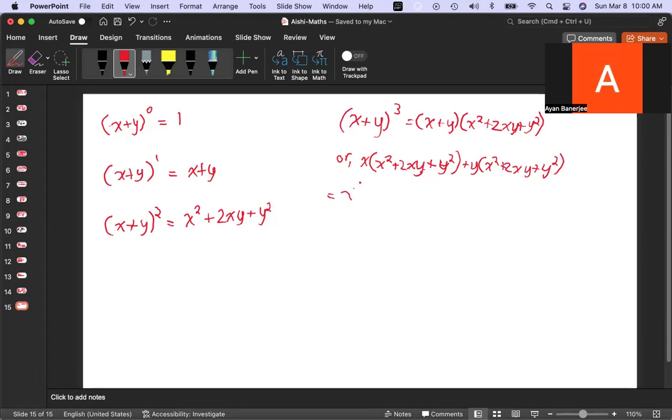We get x cubed plus 2x squared y plus x times y squared plus over here we get yx squared plus 2xy squared plus y cubed.